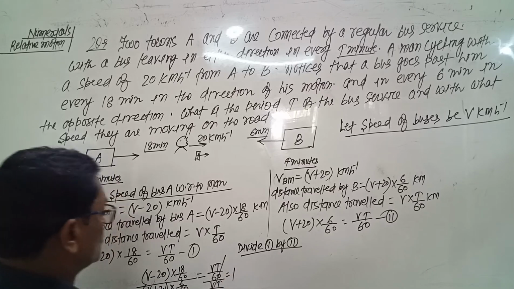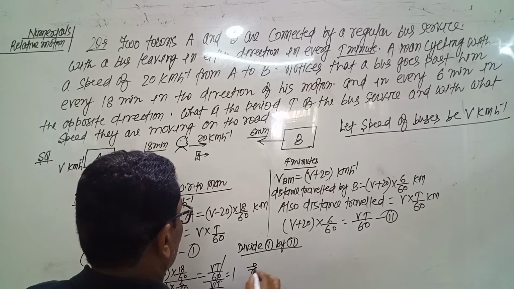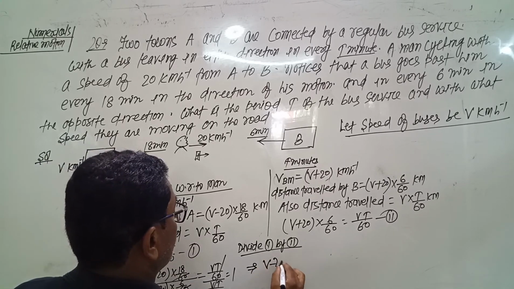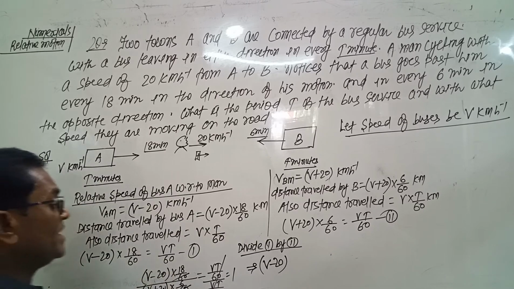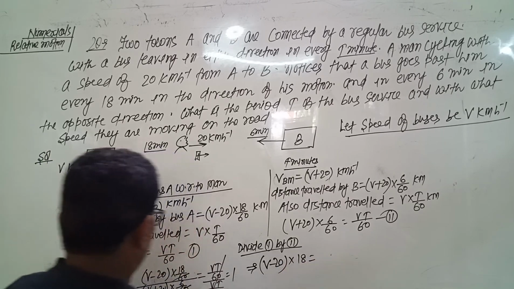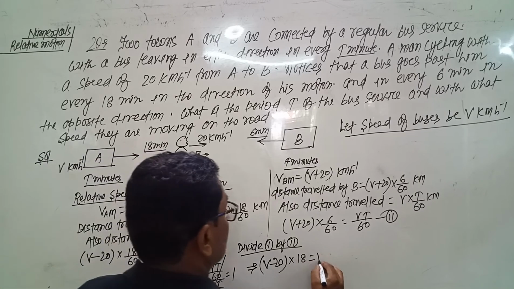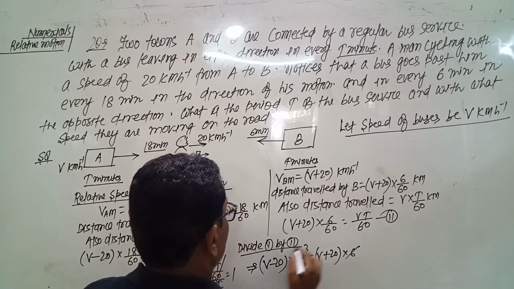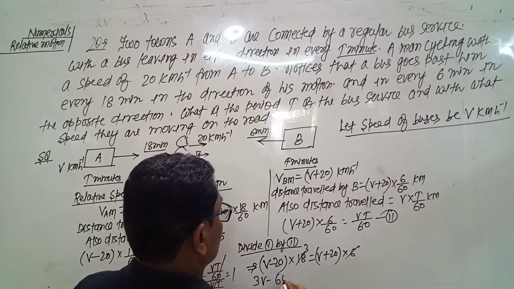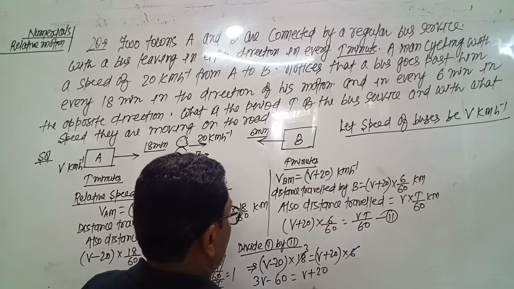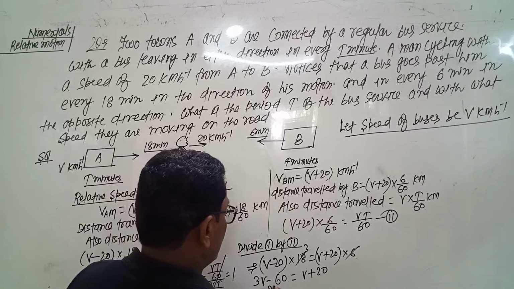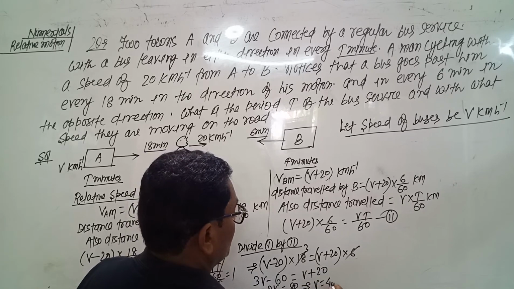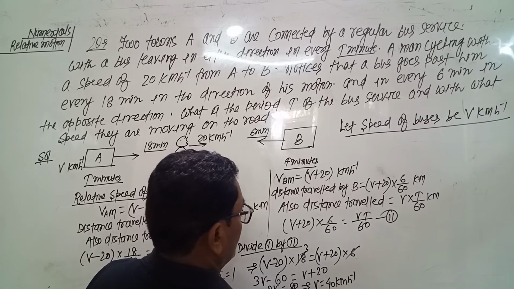The v T gets cancelled, it comes to be 1, and 60 and 60 also get cancelled. So (v minus 20) into 18 equals (v plus 20) into 6. 6 and 18 cancel, and it comes 3v minus 60 equals v plus 20, so 2v equals 20 plus 60, 80, and v comes to be 40 kilometer per hour.